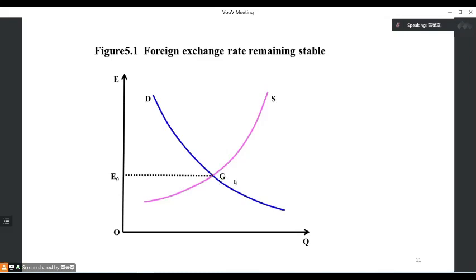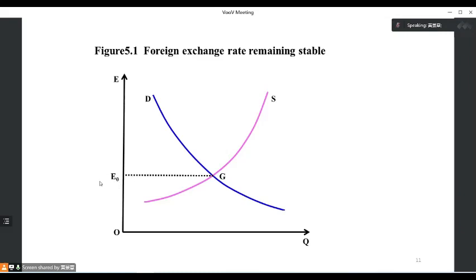So the foreign exchange rate remains stable at the level E0.